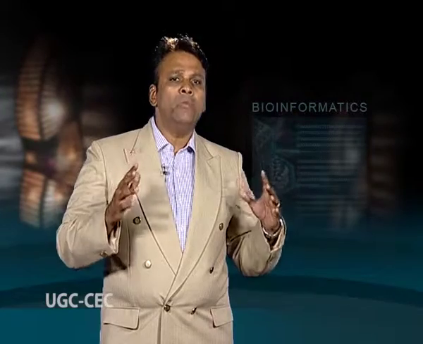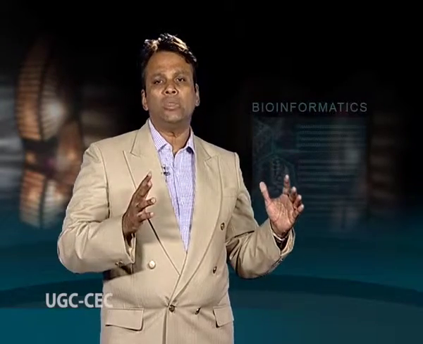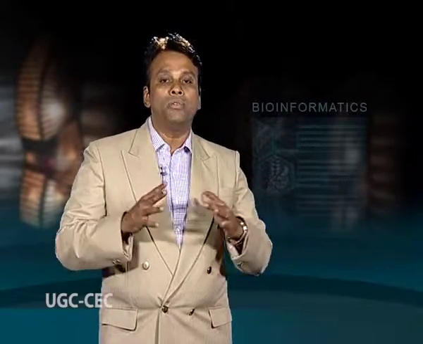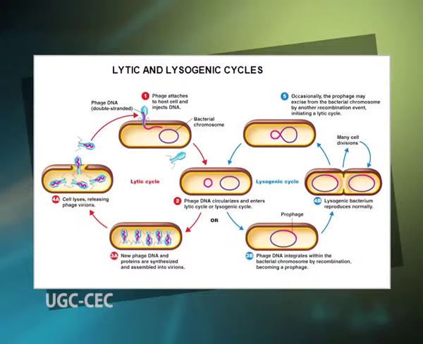Generalized transduction is mediated by some virulent bacteriophages whose chromosomes are not integrated at specific attachment sites on the host chromosome. Generalized transducing particles are produced during the lytic cycles of these phages. In the first stage of the lytic cycle, the phage attaches to the host cell and injects DNA.